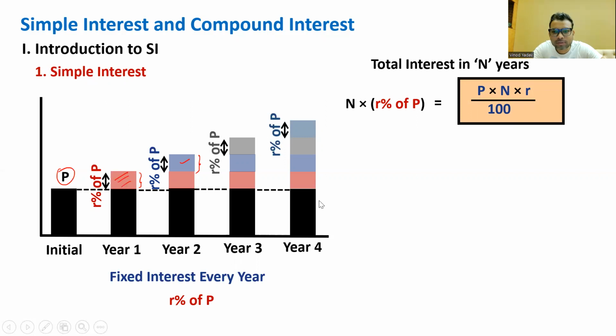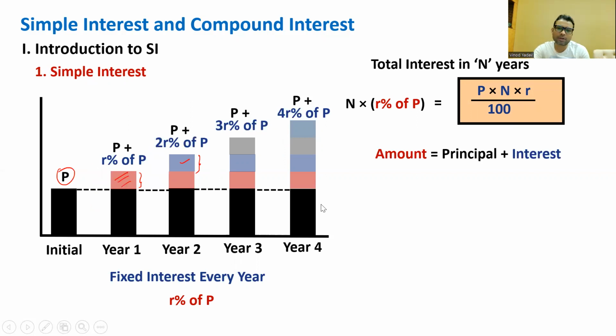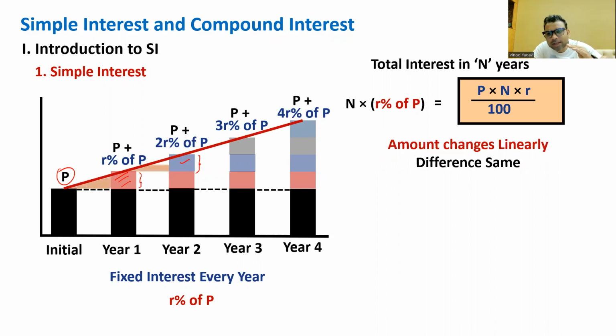And amount is principal plus interest. In first year, P plus R% of P. In second year, P plus 2R% of P. In third year, means after third year, P plus 3R% of P, and so on. This is a simple logic. There's a linear growth. So amount changes linearly. The difference remains same.